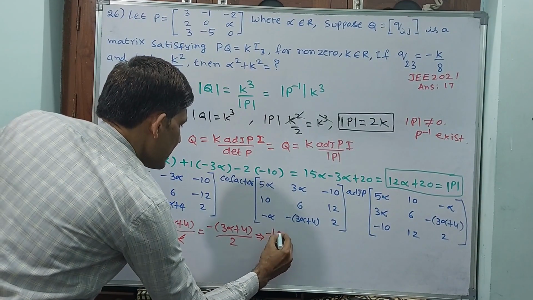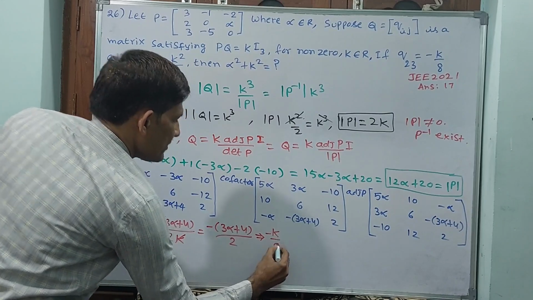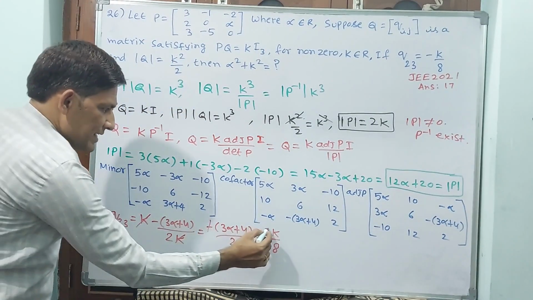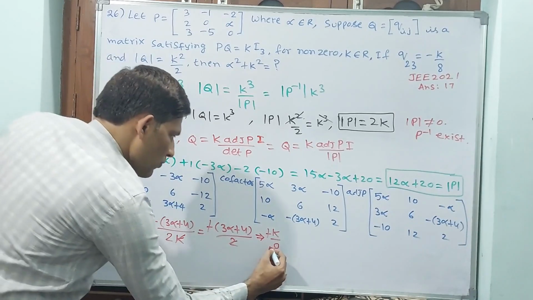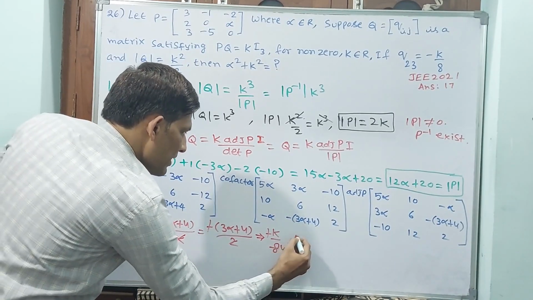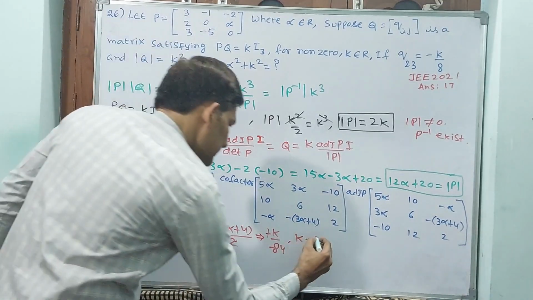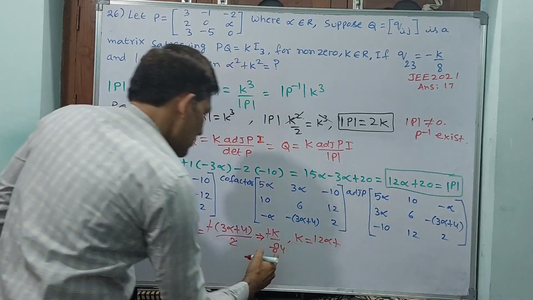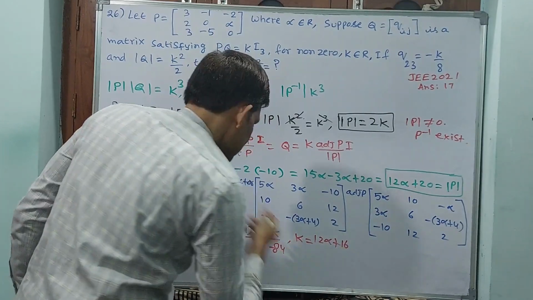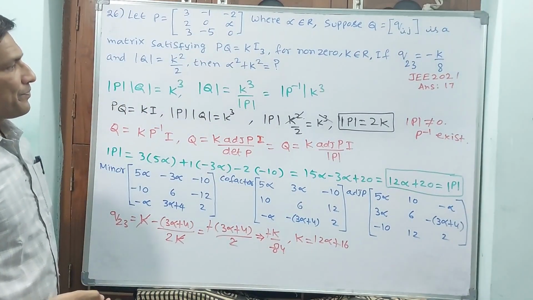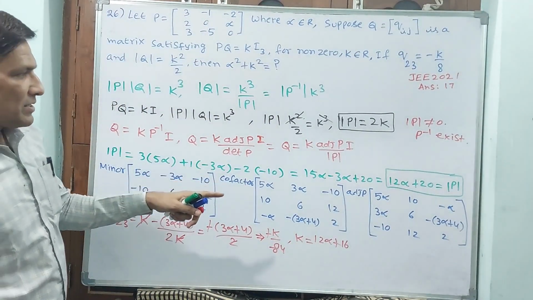Implies minus K by 8. You cancel this minus, and 2 4 times it goes, then K value you can write: 12 alpha plus 16 is equal to K. One more equation is there.